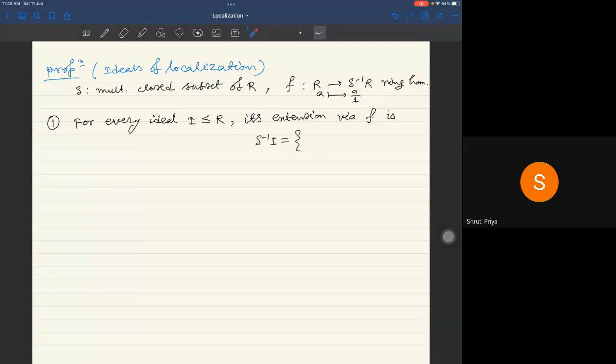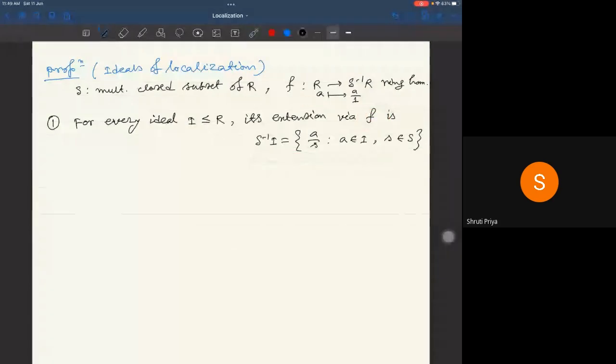We denote it in this way, S inverse I, because it is just the collection of all a by s, where a is coming from I and s is coming from S. So this is nothing but the ideal generated by the image of I via this map. Is it fine? So for every ideal, its extension, of course, is an ideal of the codomain, but in this case its extension of I via this map looks like this.